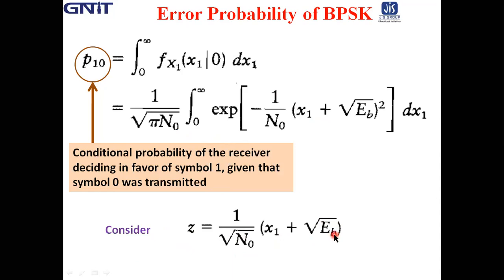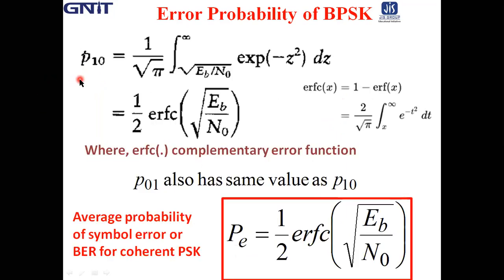Now changing the variable of integration from x1 to z in that expression, the compact form is P10 equal to 1 by square root of pi integration of square root of Eb by N0.